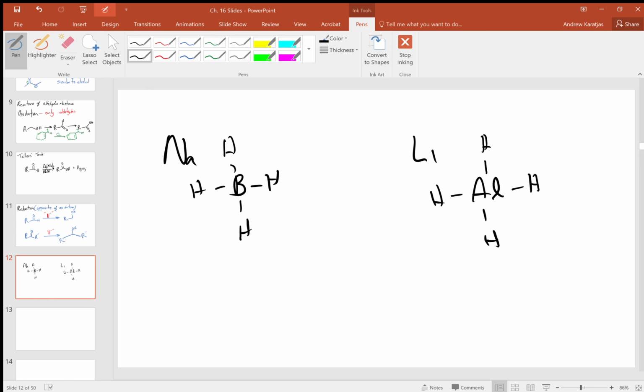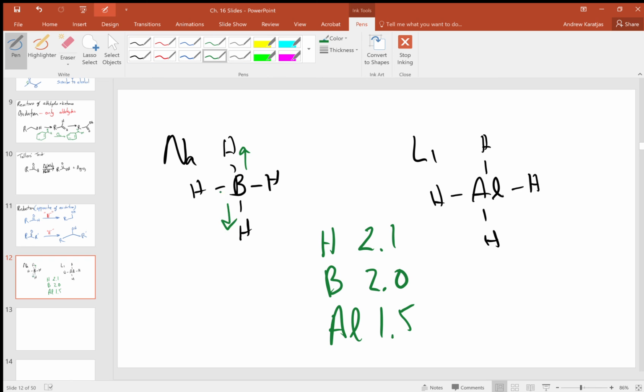And the key in both of these reagents is the element that hydrogen is attached to. Hydrogen has an electronegativity of 2.1, whereas boron is 2.0 and aluminum is 1.5. So these bonds are polarized towards hydrogen.